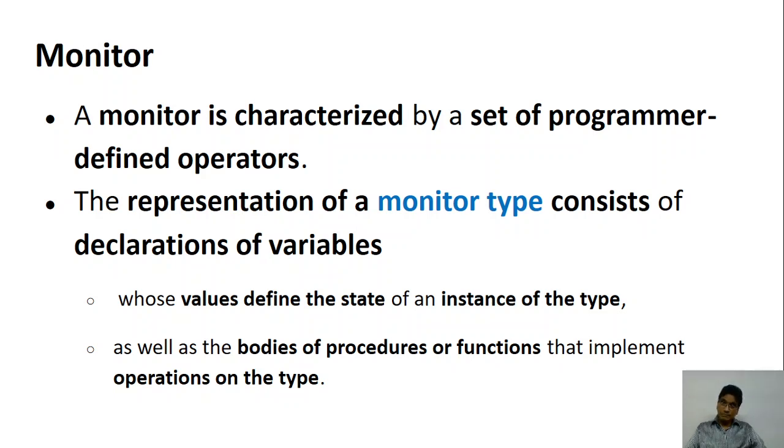When we talk about the monitor, and when we declare the monitor, we can think of the monitor as a structure, not just an int or float, which is a fundamental type. Everybody has studied the C programming language, I suppose, and you know something about struct, that is structure or union.